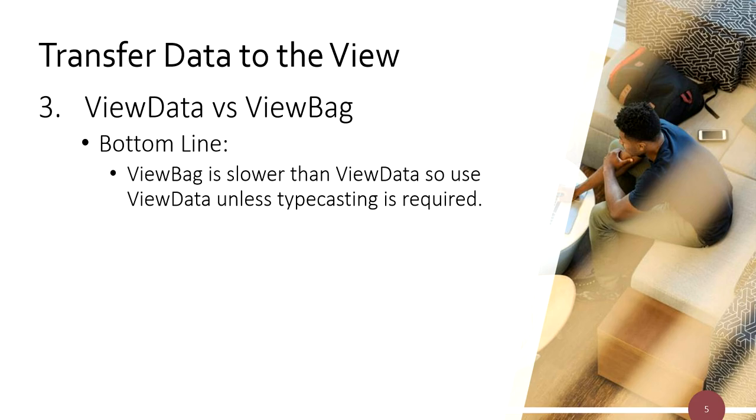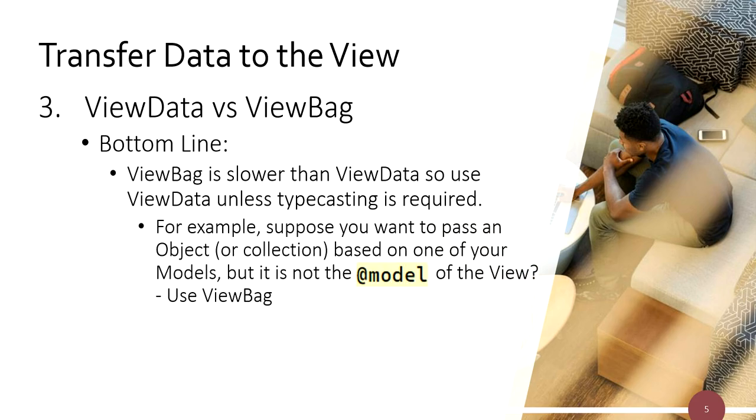There are times when we have to use view bag, but otherwise view data will do the job nicely for us. Just an example here: suppose we want to pass an object or a collection based on one of our models, but it is not the model of the view. Definitely, we would use the view bag in order to get it into the actual view itself.